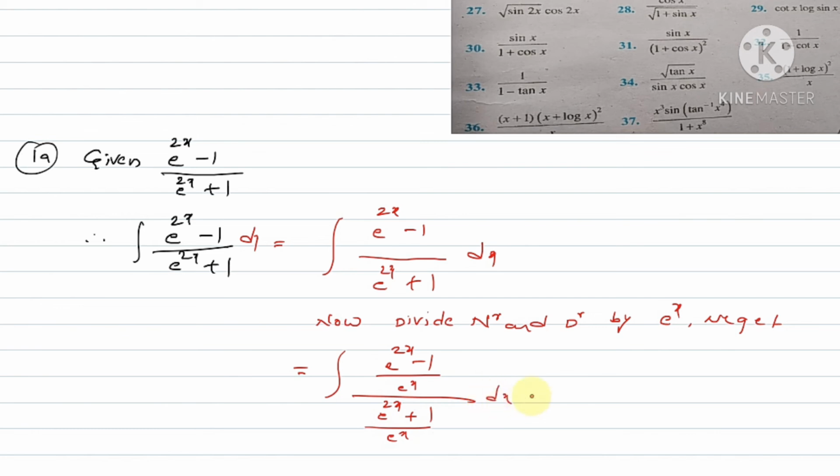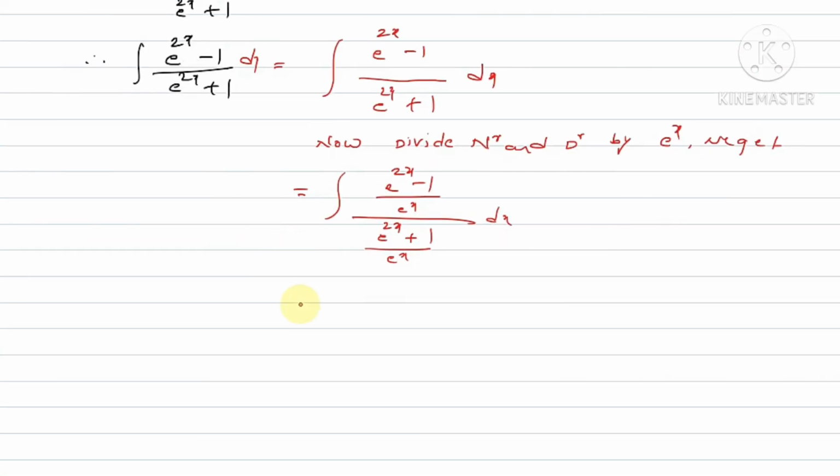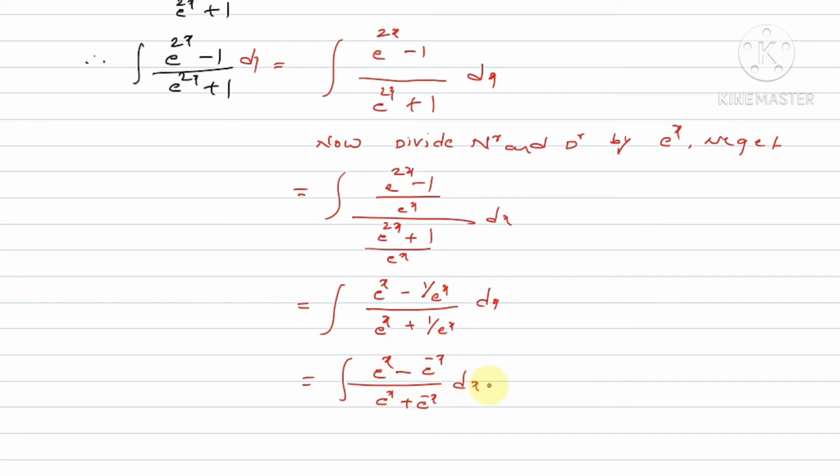Ultimately, if I do the separation, e power 2x by e power x will be cancelled; the numerator is e power x minus 1 by e power x, and in the denominator I'll get only e power x plus 1 by e power x. Which implies the integral, and we can write e power x minus 1 by e power x as e power x minus e power minus x upon e power x plus e power minus x into dx.